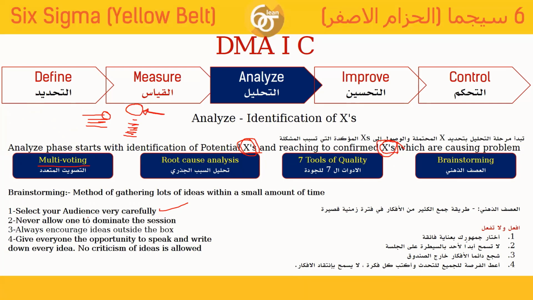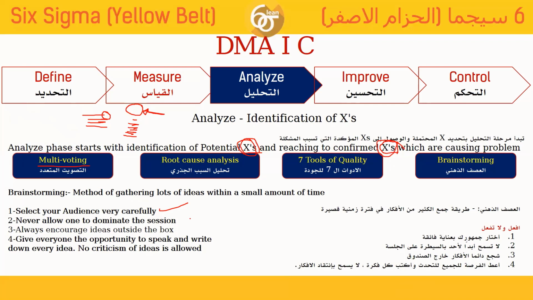So in order to reach this point, you need to select your audience, your team members, very carefully. Never allow any one of them to control or dominate the session. In the brainstorming, nobody should dominate and nobody should control the session.